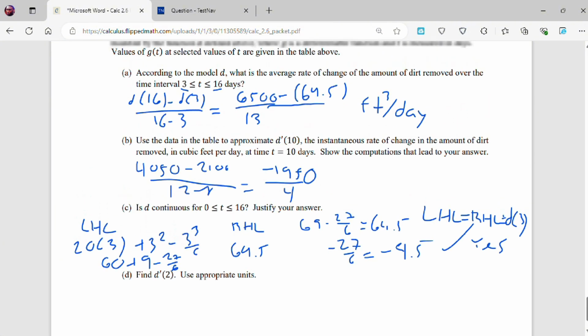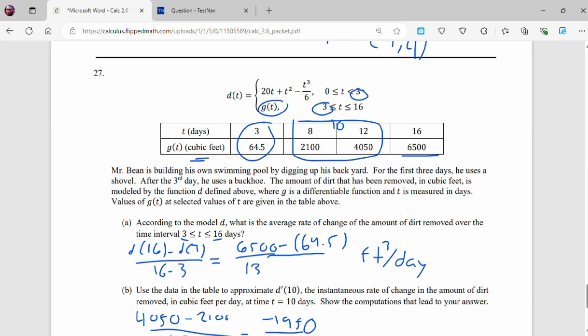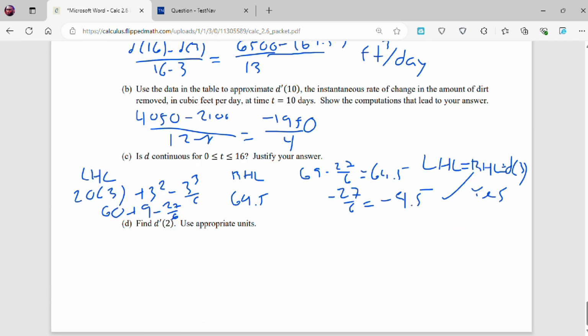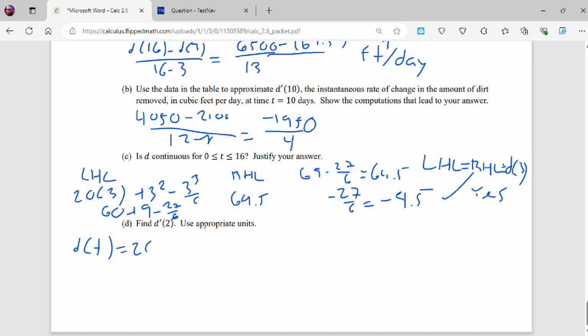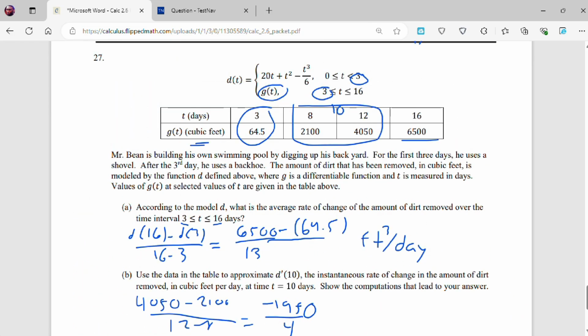Okay, find D'(2). Use appropriate units. For D'(2), we're going to use the top function because 2 falls within that domain. I'm going to rewrite the equation. So D(t) equals 20t, sorry, that looks very messy.